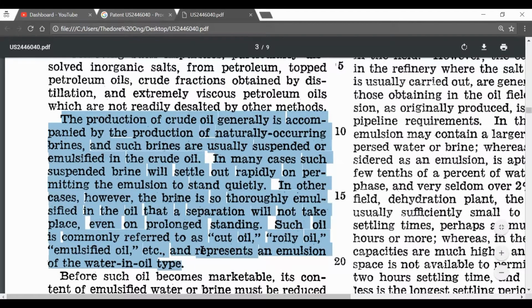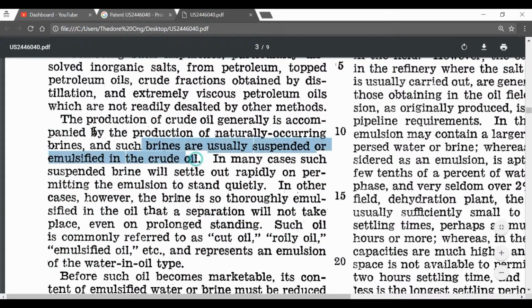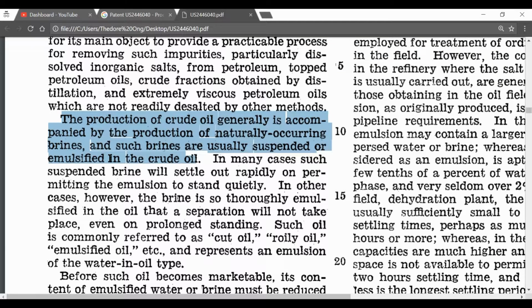Okay? So from line 9 to 20, I think, the second paragraph: the production of crude oil is blah blah blah. So what this is saying is that if I usually produce crude oil, there will be some brine that comes out of it, and such brines are usually emulsified in the crude oil, meaning to say they are trapped in the crude oil.